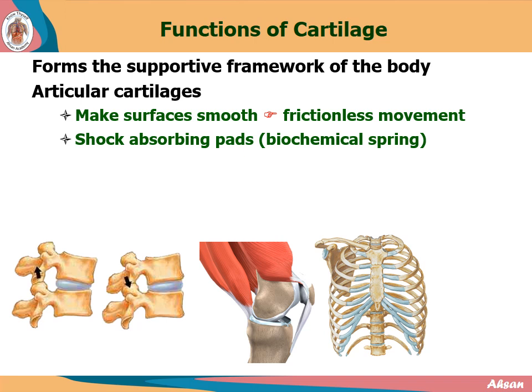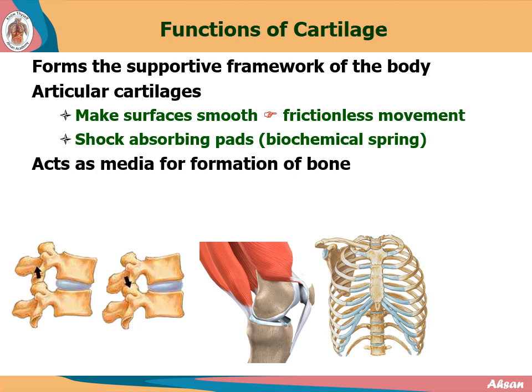The thicker cartilage present between the bones works as a pad for shock absorbing effect. The thin plates of cartilage between the joints also offer some degree of shock absorption.